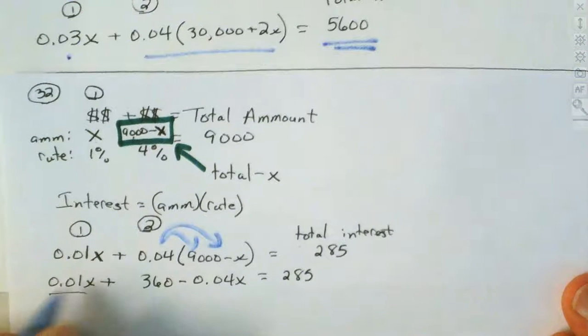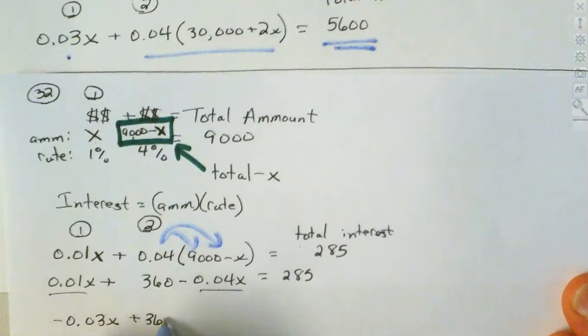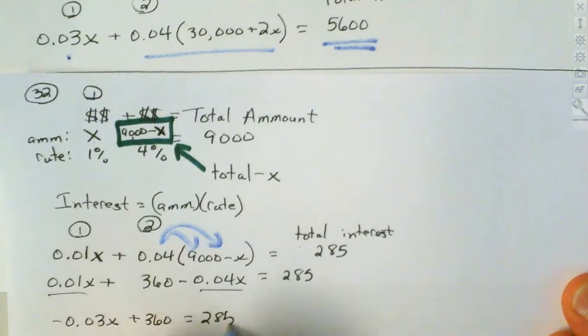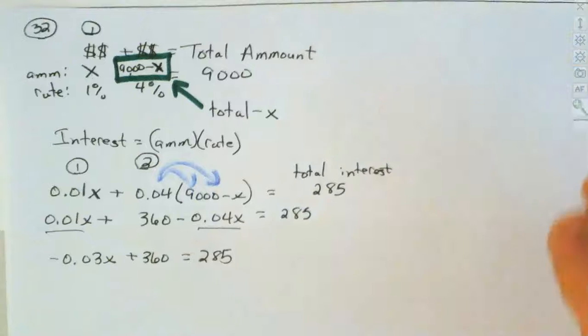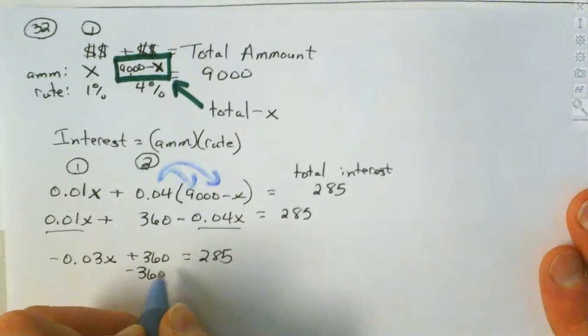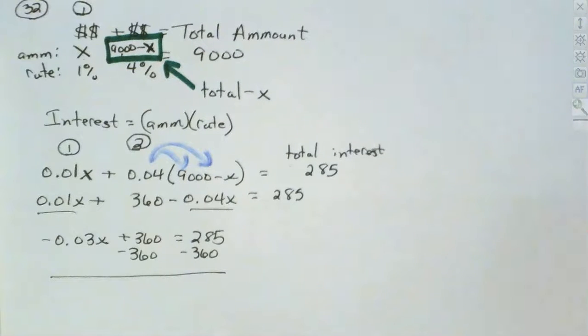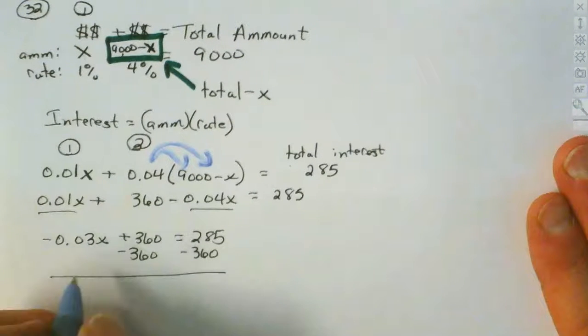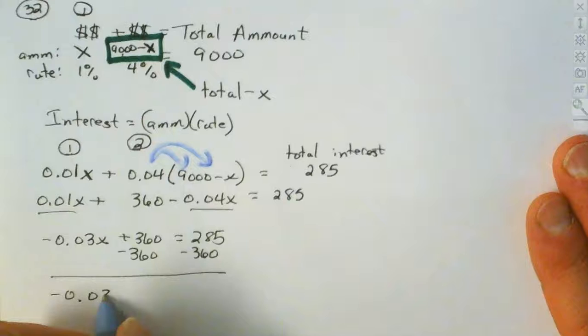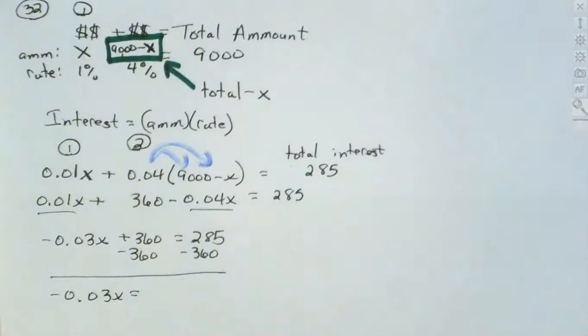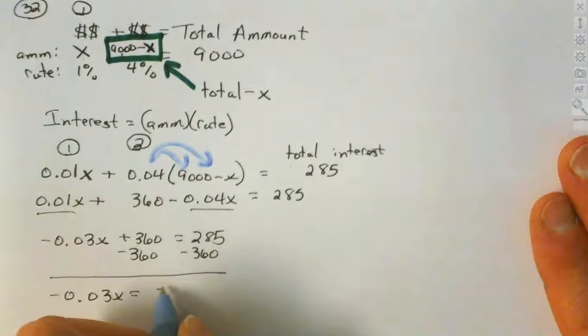We're going to combine our x's together, and that's a minus 0.03x, plus that 360 equals 285. Move that 360 over. The only reason I'm solving this one in particular is so you can get both of them. It wants both accounts. So I want to make sure you understand that you only get one of them. You have to get the other one as well. So we subtract them off, and that's minus 0.03x, and that's 285 minus that 360, which is a minus 75.